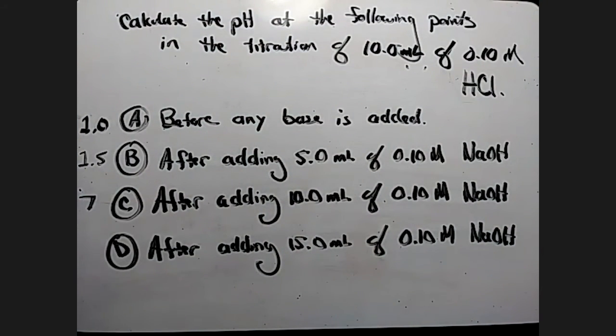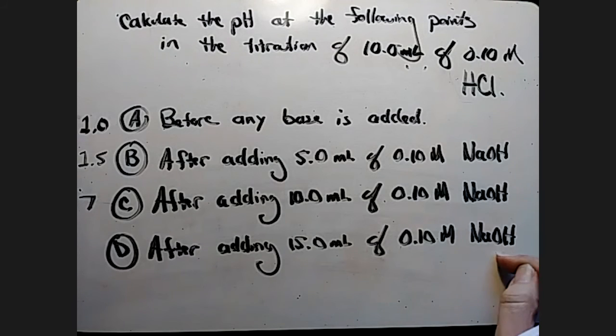Only one more point left to calculate, and that's with the addition of 15 milliliters of my base. Let's see how that changes the scenario a little bit. 15 milliliters of 0.1 molar NaOH is 0.0015 moles.